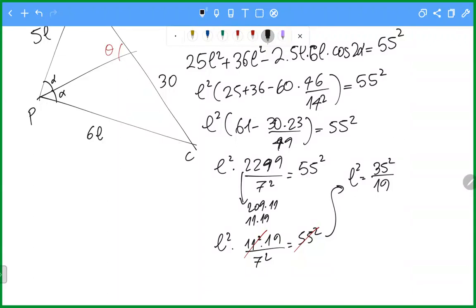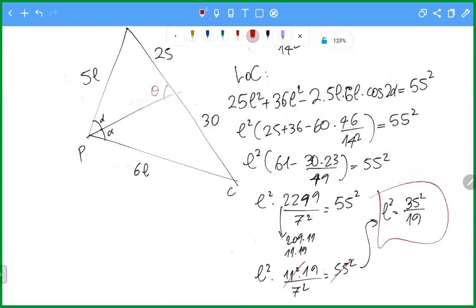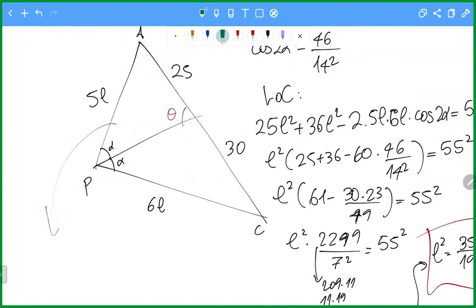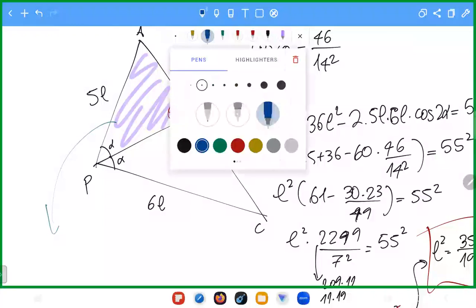Okay, yeah, and then now we have this one. So all we need to do is find tangent squared theta. All right. So let's use the law of sines here in this purple triangle, and let's see what we get.